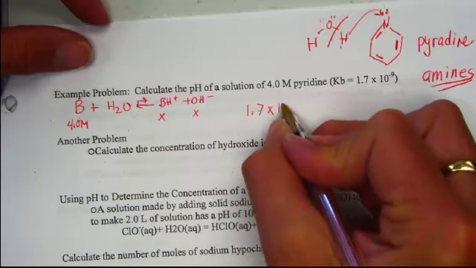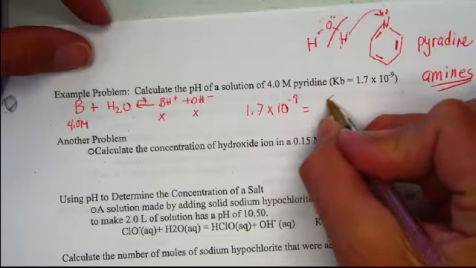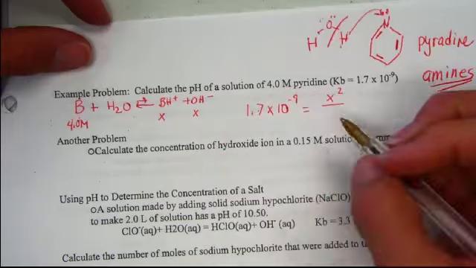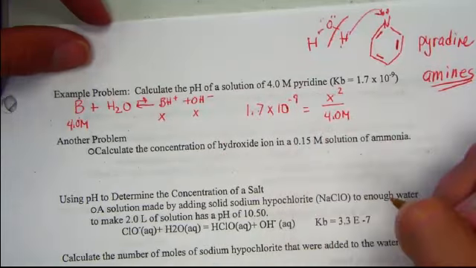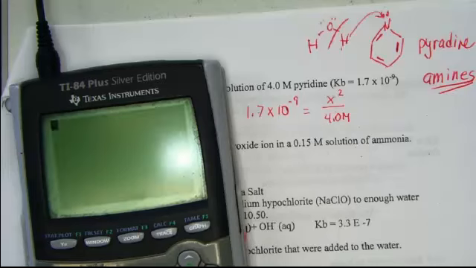Kb of 1.7 times 10 to the negative ninth is set equal to X squared, where X stands for base ion, set over the original value of 4.0 molar. Let's pull out X, knowing X represents the base ion.